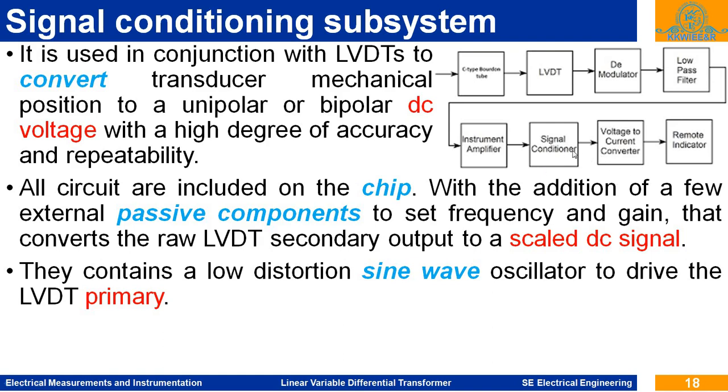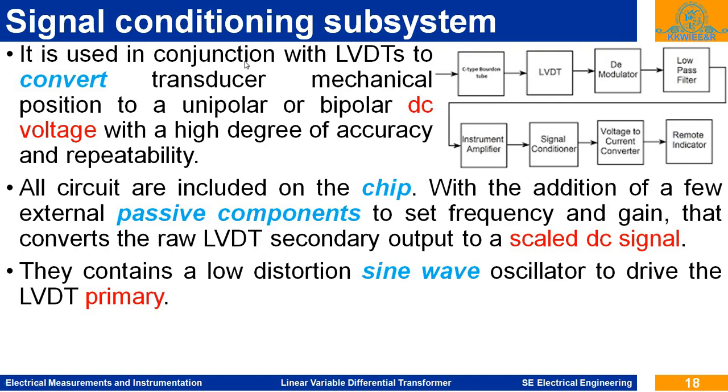Then this voltage to current converter is used for the remote indicator, or the remote microcontroller or microprocessor. So this is the signal conditioning from pressure to the discrete one.